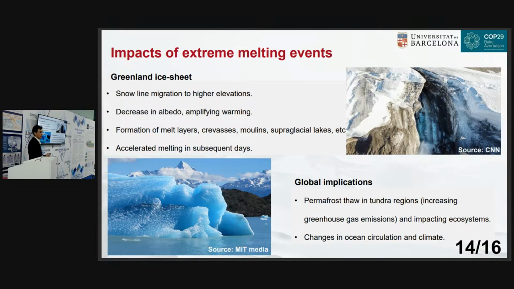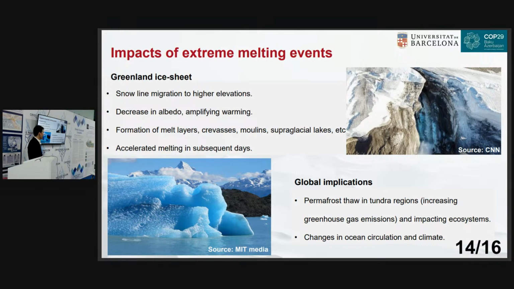An extreme melting event can lead to an increase of melt layers, crevasses, moulins, and supraglacial lakes over Greenland. This will accelerate the melting in the same summer, but also increase the melting in subsequent years.